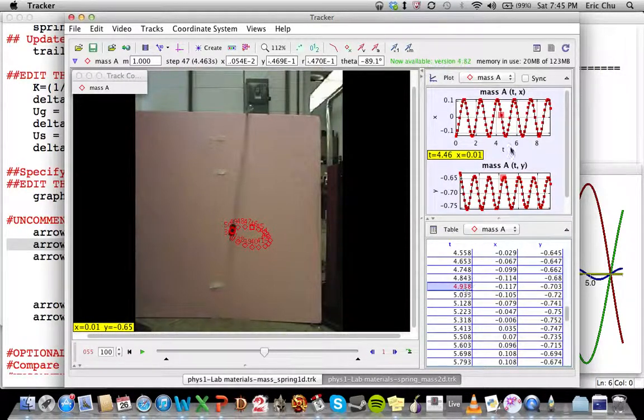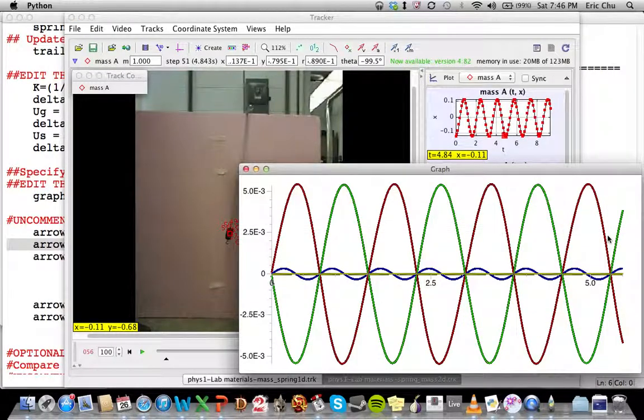Well, our time after 3 periods is 4.938 seconds. So the time for one period is 1.646 seconds, and this differs from calculating T using the Y positions, because the X positions represent pendulum motion, and the Y positions represent spring motion.